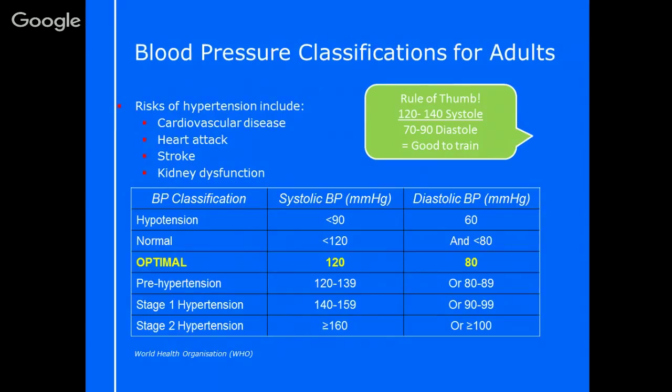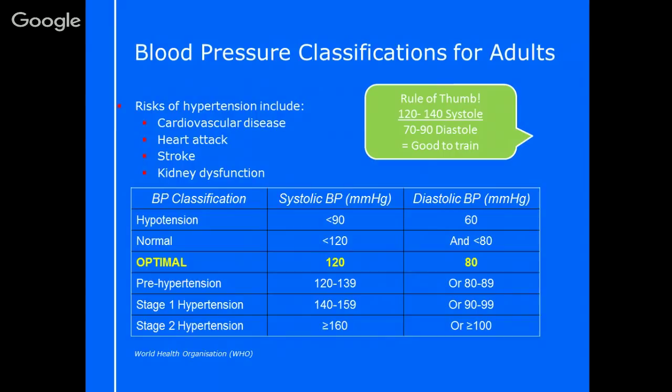So don't make them do lots of burpees or lots of sit-ups on the floor and then suddenly get them running, because they'll pass out on you, because the venous return hasn't got back up towards their head or their heart quick enough, which means that their body literally presses the reset button, puts them on the floor so that they can restabilize their hypotension, which is their low blood pressure, and then they're good to go again. So you've got to be really careful with those with low blood pressure.